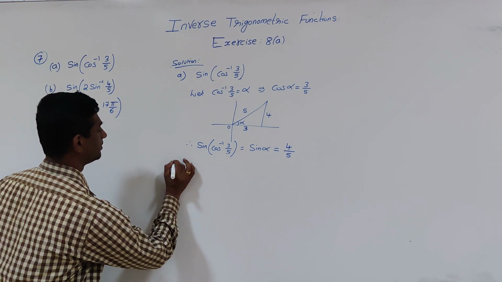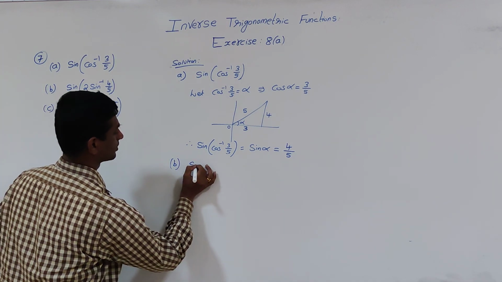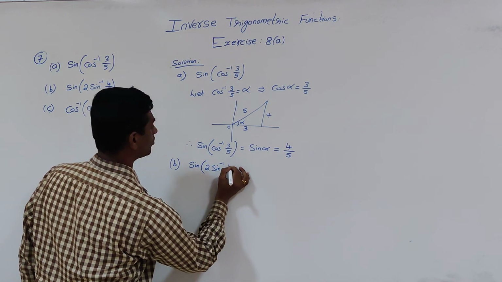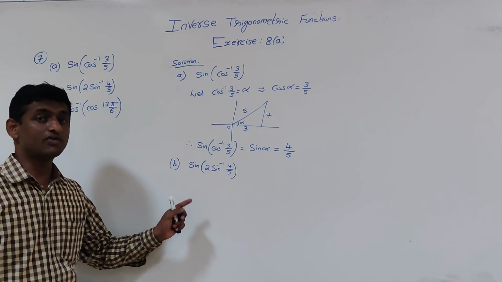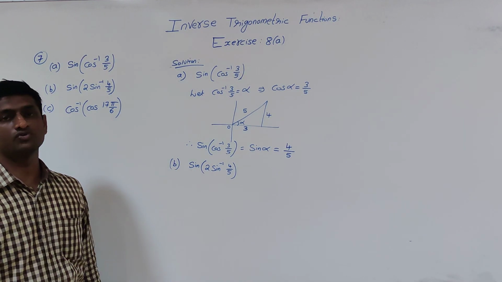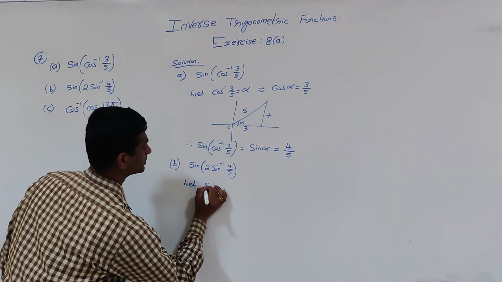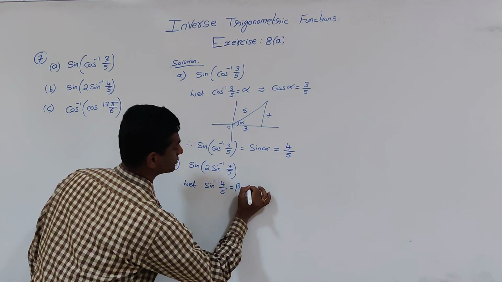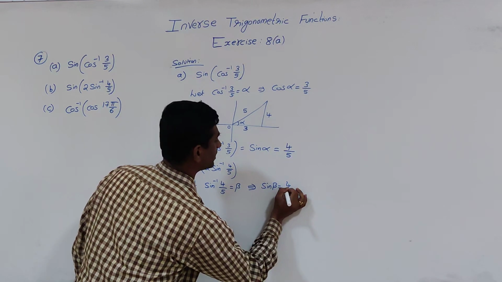Next, second question: sin of 2 sin inverse 4 by 5. It is not in the form of sin inverse of x. It is sin of 2 times sin inverse of 4 by 5. So assume sin inverse 4 by 5 is beta. Then sin beta becomes 4 by 5.